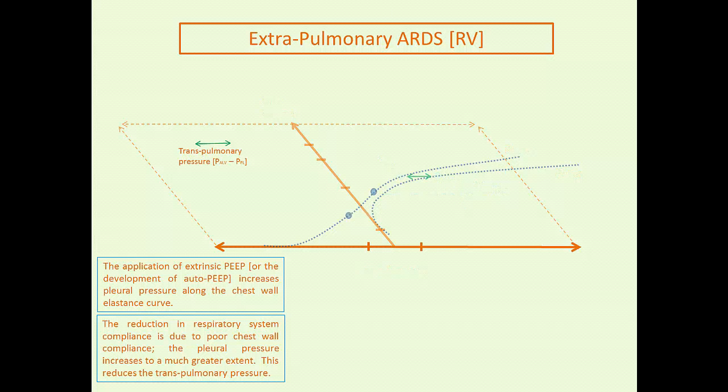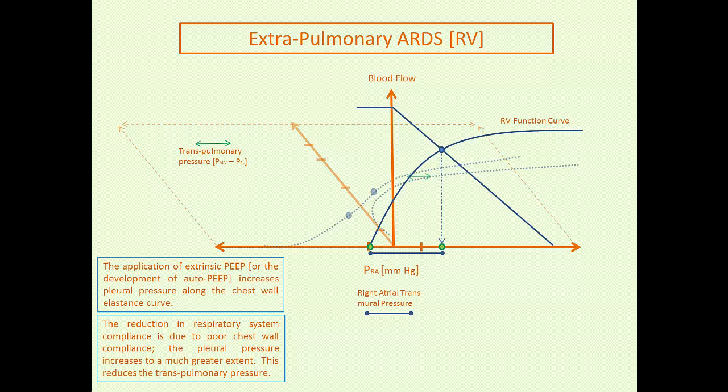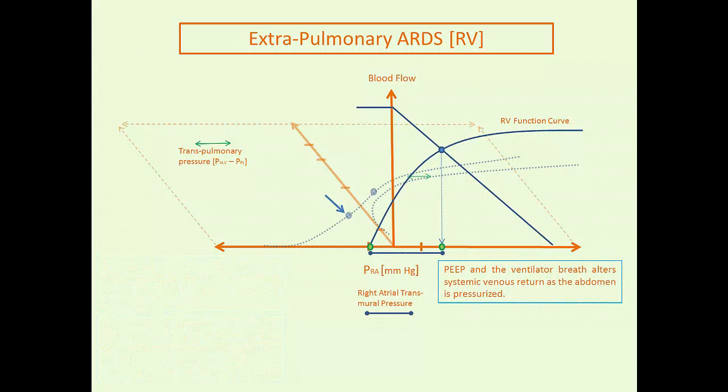So now let's see what that looks like with the superimposed Guyton analysis. Well, now we have on the x-axis right atrial pressure in millimeters of mercury. This is your CVP, or right atrial pressure as measured by a triple lumen. Here, this is your systemic venous return curve. This is your cardiac or right ventricular output. Okay, and now we're going to apply that PEEP from there to there.